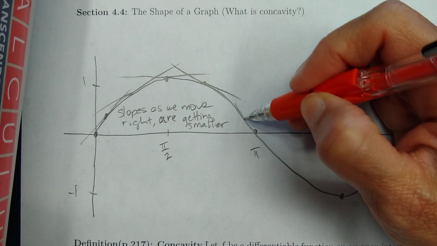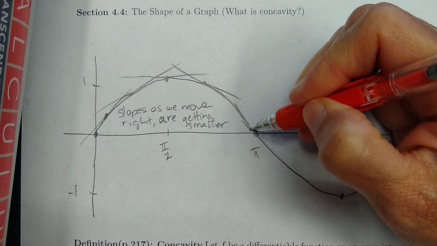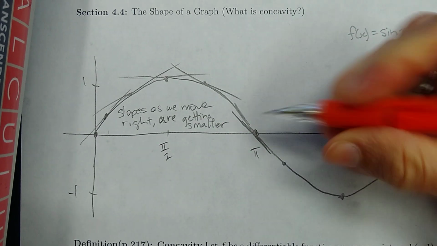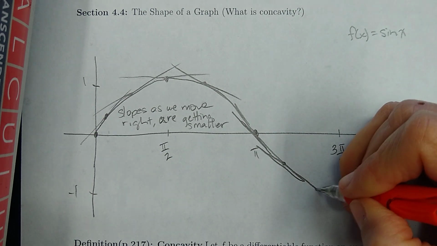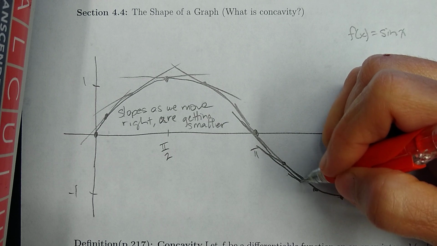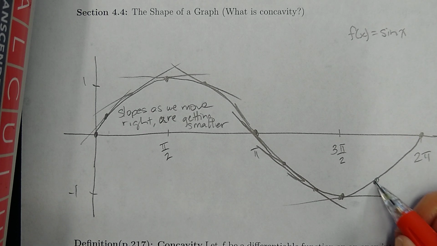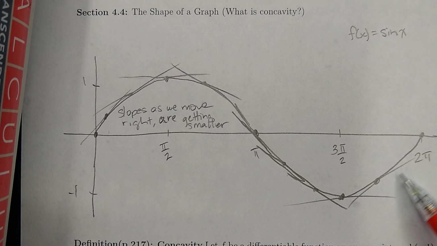So we still have negative slope here. And then notice at pi what is happening. We still have a negative slope, and after pi, we still have a negative slope, but it is a bit less negative. Those are less steep negative slopes. And then we come back up to a 0 slope, and then we start with a positive slope. I'm sort of swaying my tangent lines to emphasize you're really just looking at the sign of that slope.